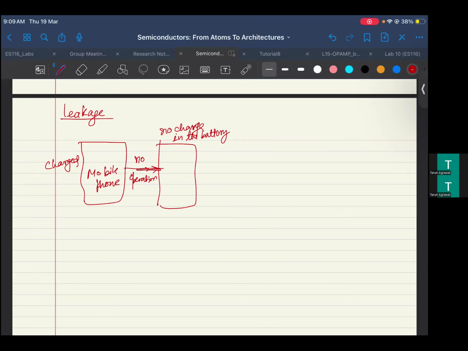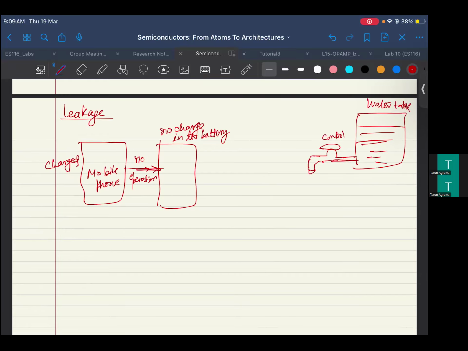The analogy of that is if you think you have filled a water tank, and you connect it to different taps. This is your tap, connected to the water tank, and this is a control knob.